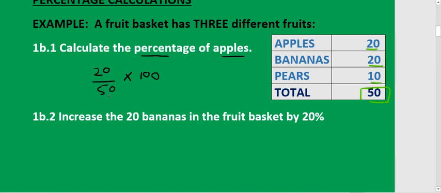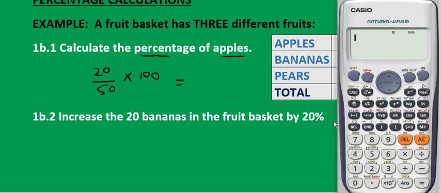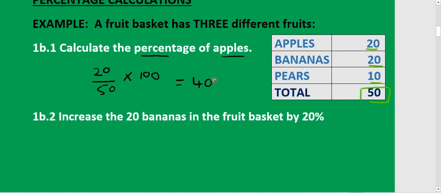So 20 over the total of the fruits, and of course multiply by 100 to calculate your percentage. So 20 out of 50 fruits, and we multiply by 100 to get 40%.